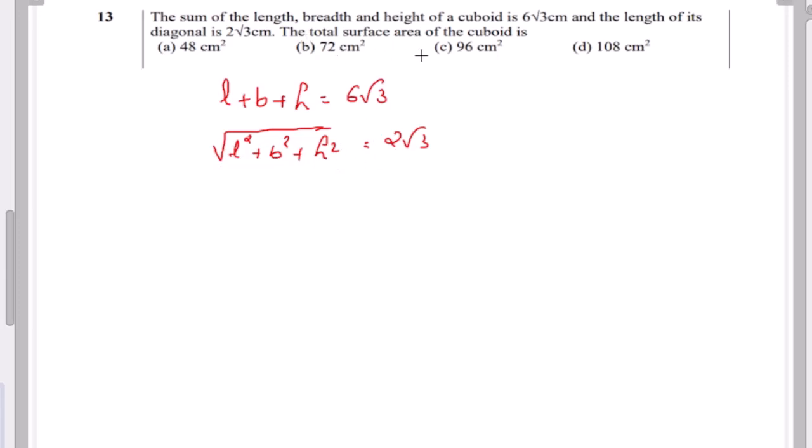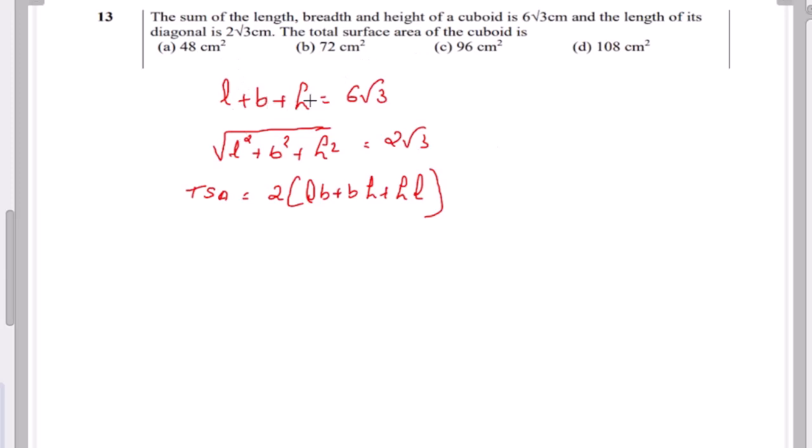And we have to find out the total surface area of the cuboid. That is TSA, which is 2 into LB plus BH plus HL. So how do we find this?